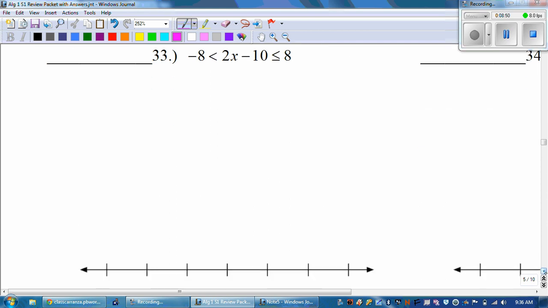All right, 33. Same thing. We're going to draw the lines down the center, and I want the x all by itself. So the first thing that we're going to do is add the 10 to all 3 sides. Negative 8 plus 10 is 2.